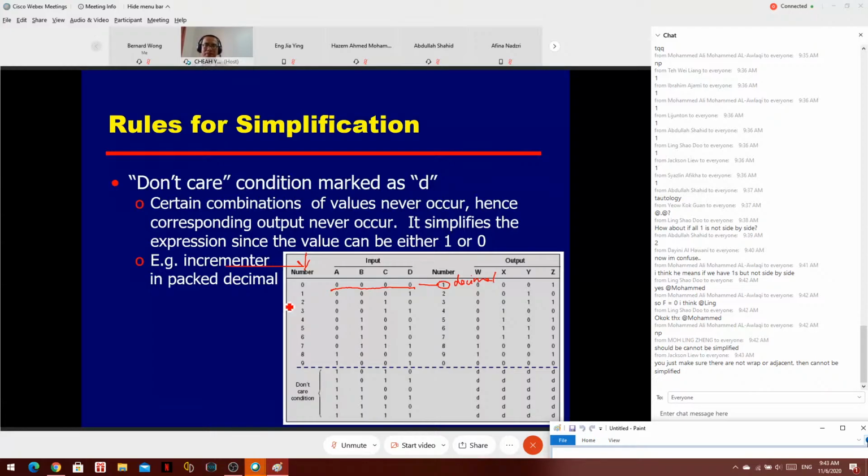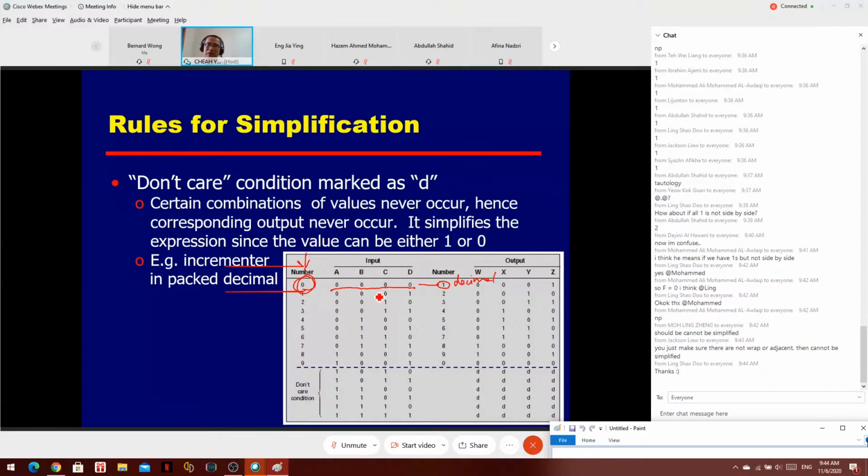So that means the binary value of 0, we want it to represent the decimal digit of 1. Don't confuse yourself. On the left, the ABCD is the binary code. The one on the right, the WXYZ, that is the decimal value. So if it's 0, 0, 0, 0, we want it to represent decimal 1.